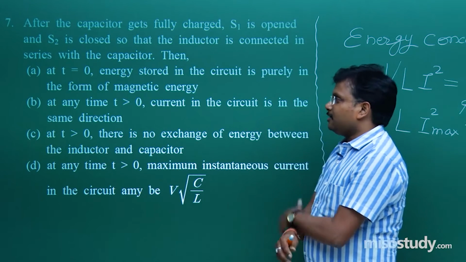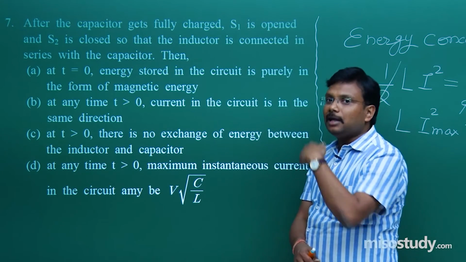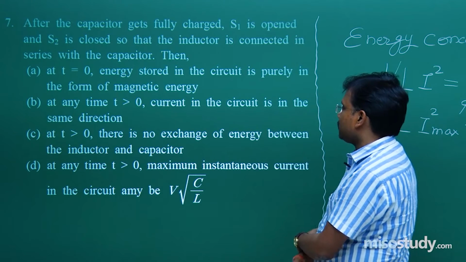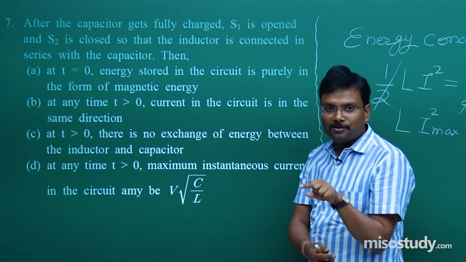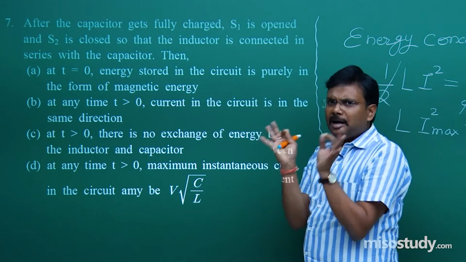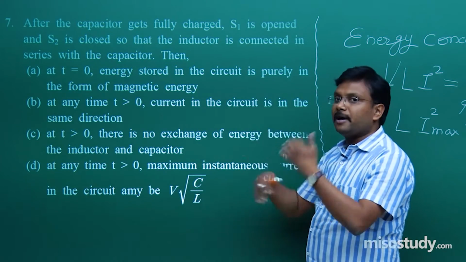Why? Reason is simple, because capacitor is now providing the energy. At t is greater than 0, there is no exchange of energy between the inductor and capacitor. No. Why? Because now, let's say at 10 am we started this experiment and capacitor started providing the energy.